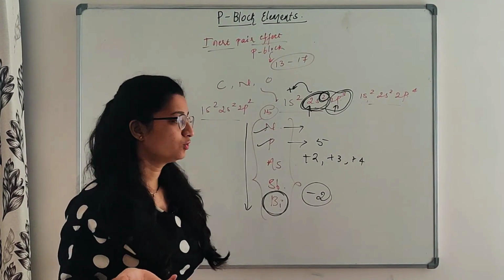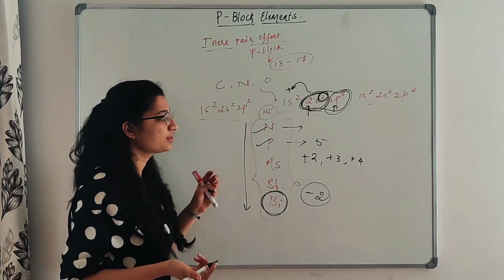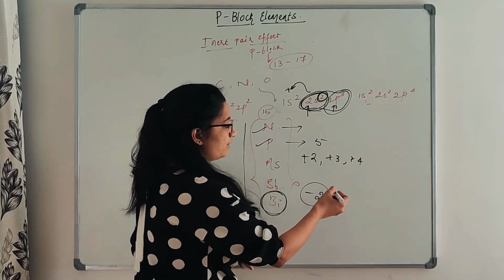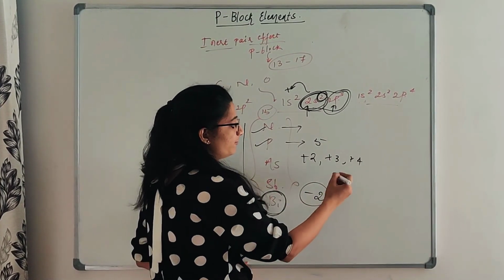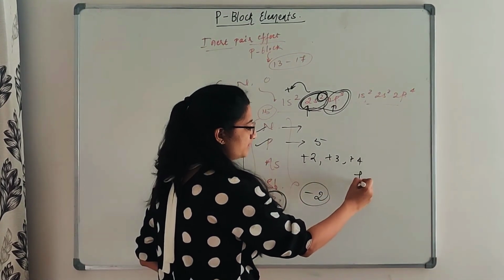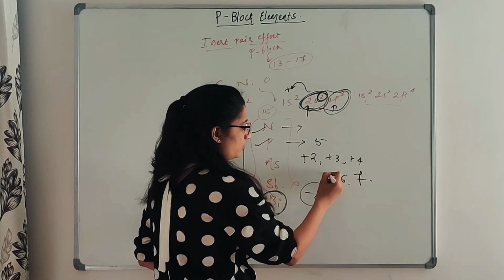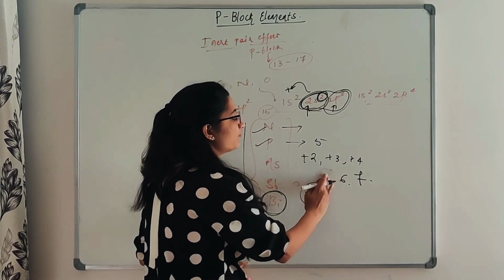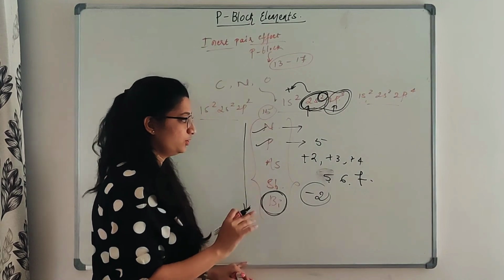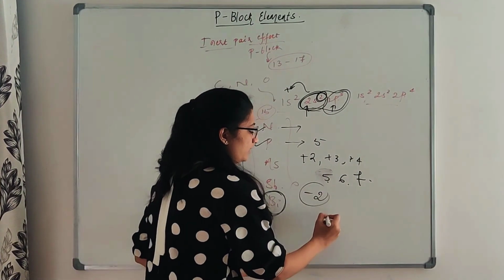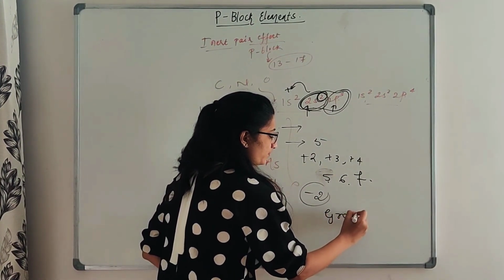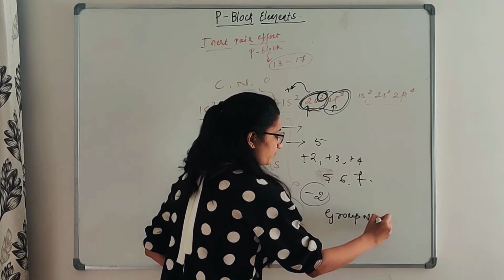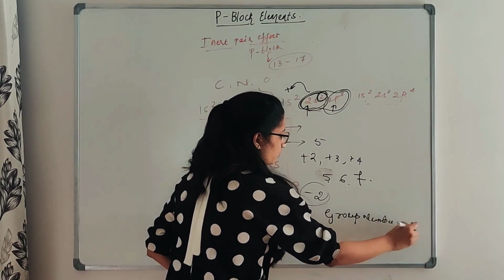oxidation state for this. So how you have to remember it is: for example, if the element belongs to group 7, 6 or 5, what you have to do is take the group number minus 2.